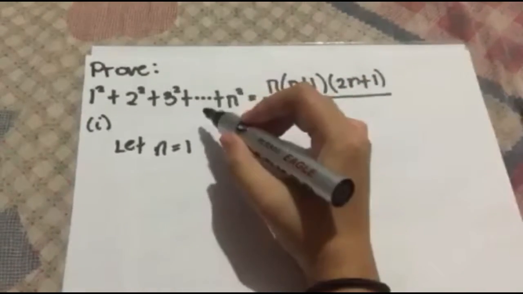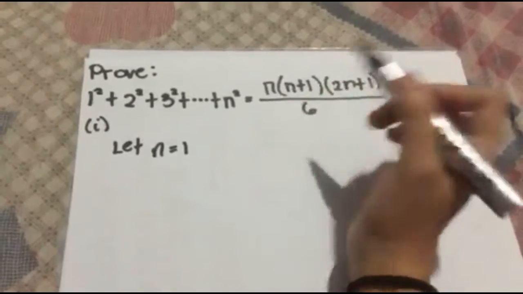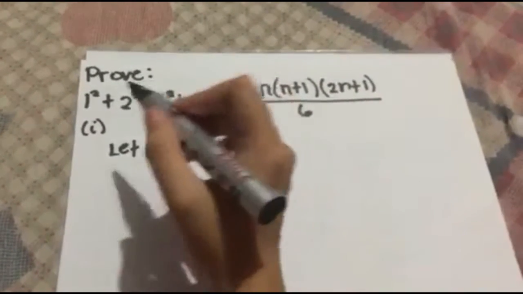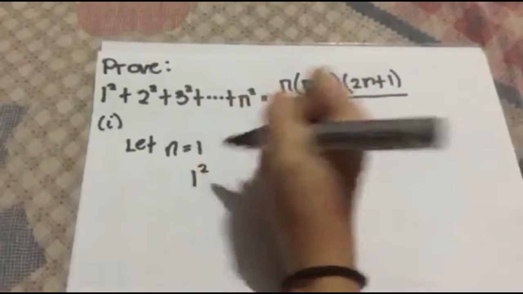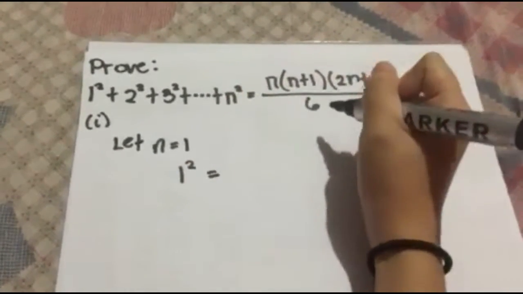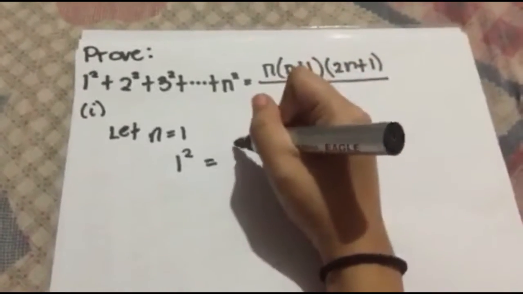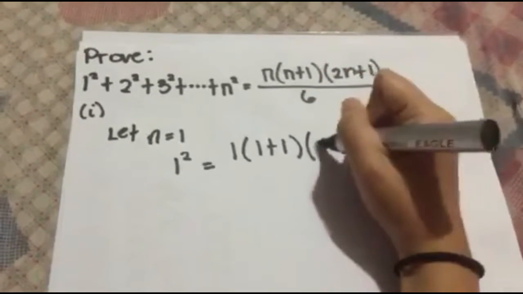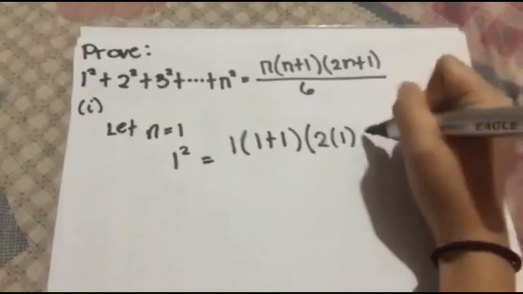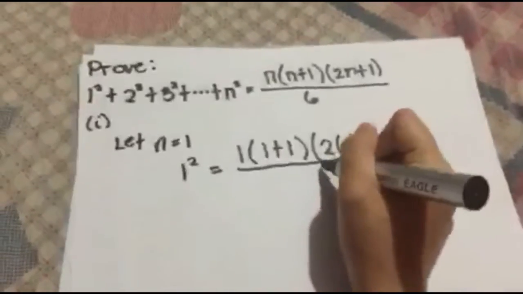For the left hand side, we use the first term, which is 1 squared. For the right side, we substitute n by 1, so it would be 1 times 1 plus 1 times 2 times 1 plus 1 over 6.